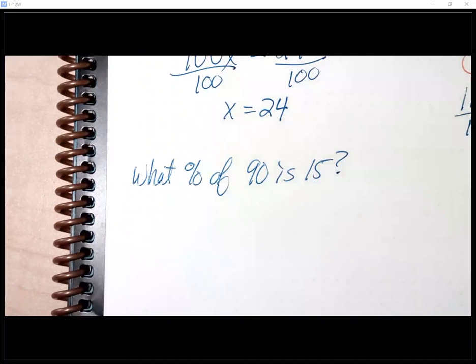Let's say I'm shopping somewhere, I have a coupon that's $15 off your purchase, and I want to purchase a $90 item. So I'm like, oh, I wonder what percent I'm actually saving here.